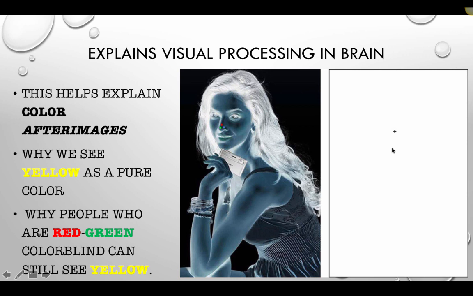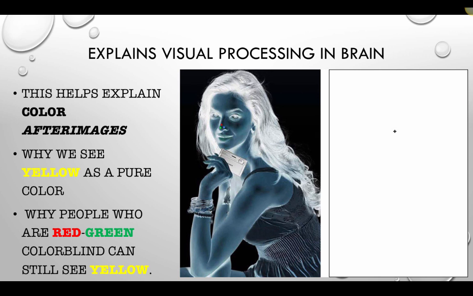But if we fatigue those red-sensitive cones, red cannot fire in its place. We'll see the opponent processing cell fire in its absence, because in the opponent processors, red or green has to fire, blue or yellow has to fire, black or white has to fire.